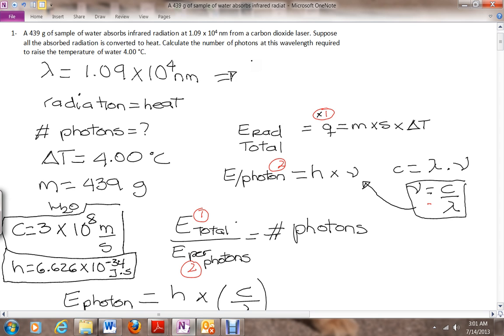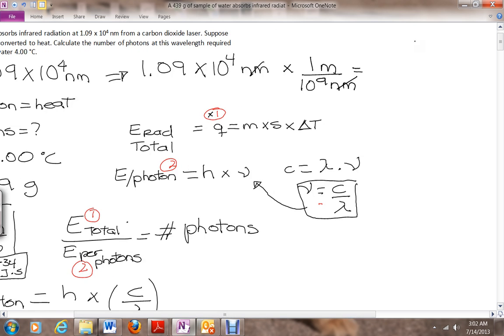So in this case, 1.09 by 10 to the fourth nanometers, multiplied by 1 meter, which is equal to 10 to the 9 nanometers. So nanometer and nanometer cancel out.